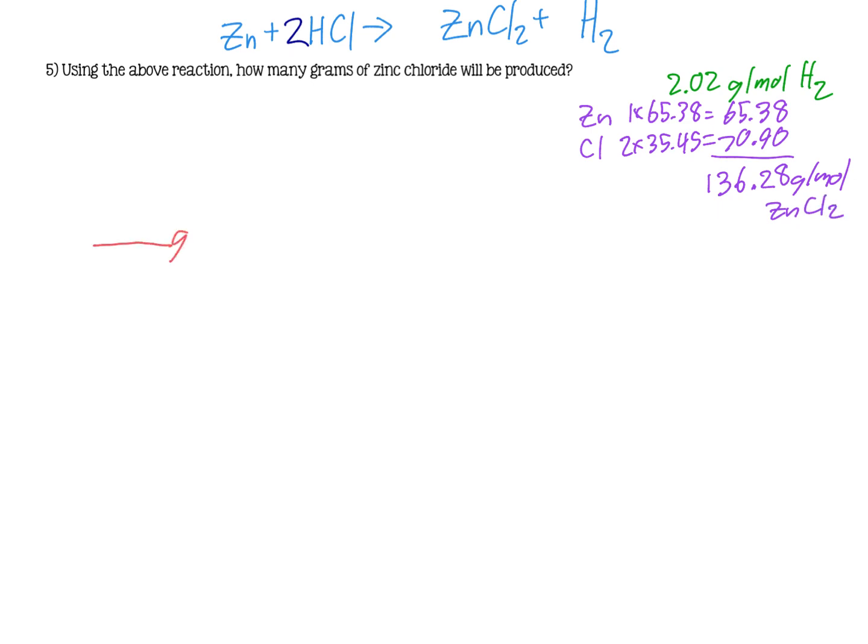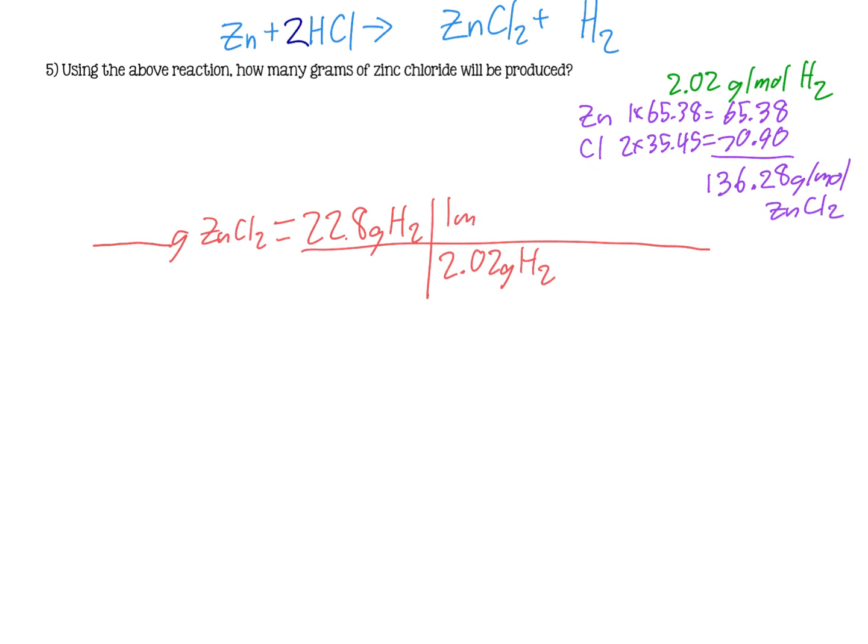Now that we know all of the facts we need, we are going to take our 22.8 grams of hydrogen, convert that to moles of hydrogen using our molar mass of 2.02. That cancels out the grams. Now we're going to convert moles of hydrogen to moles of zinc chloride.